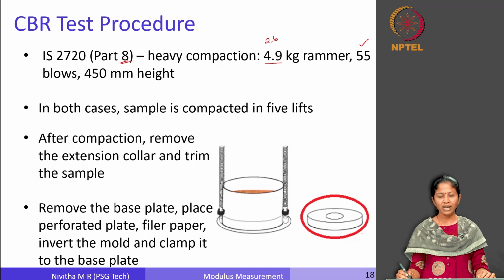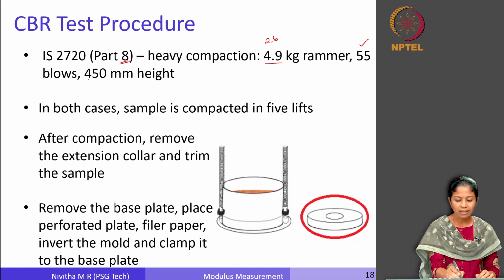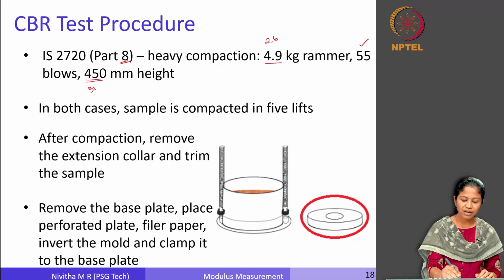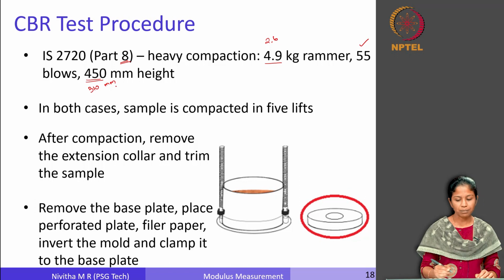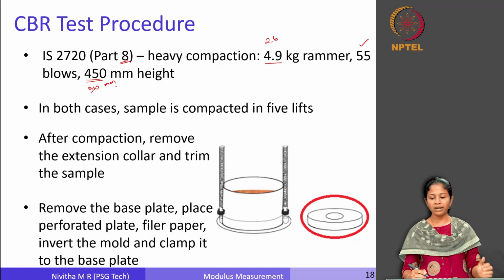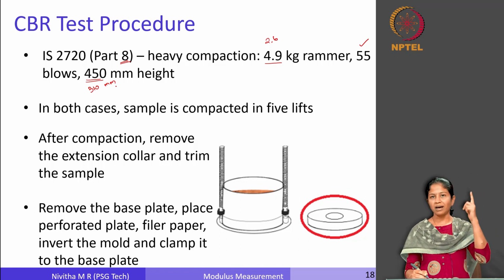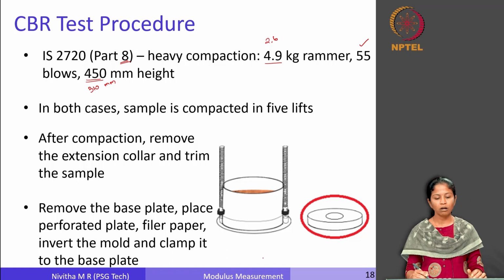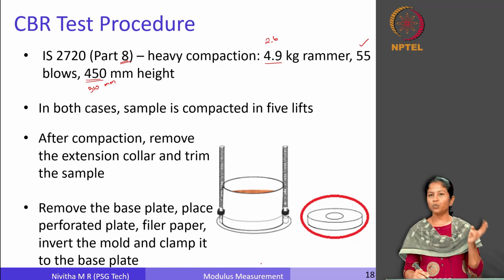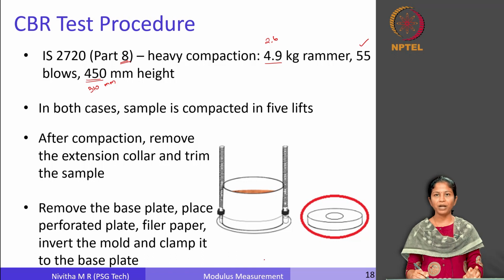I am going to give only 55 blows here, and the height of fall is 450 mm, whereas in the previous case it was 310 mm. So, we are going to give a heavier rammer and a larger height of fall to increase the compactive effort. I will use one of these test procedures depending upon my field requirement, and I will compact my sample.